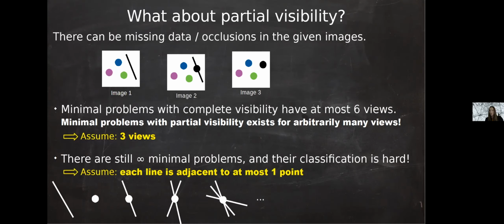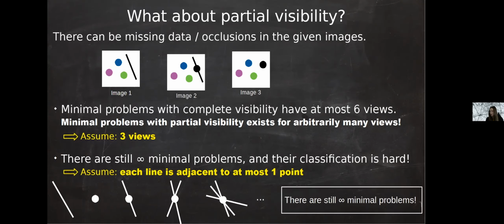So we restricted ourselves further to the setting where each line is adjacent to at most 1 point. We made this assumption for practical reasons because this is how the result of many detection algorithms looks that identify common lines on images. But even now, after all of these assumptions, there are still infinitely many minimal problems.